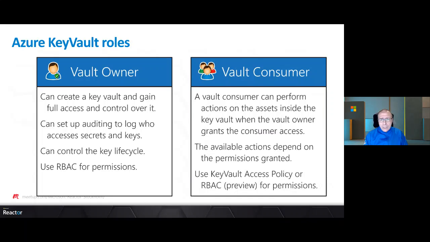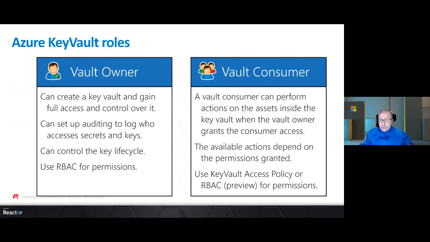On the other side, we have another way to interact with the Key Vault, and this is the vault consumer. So the application or user or group of users that want to read the secret, or for example want to use a key to encrypt something, can use this other role, and for this role we can use a native access policy for Key Vault, and now in preview we can also use role-based access control.